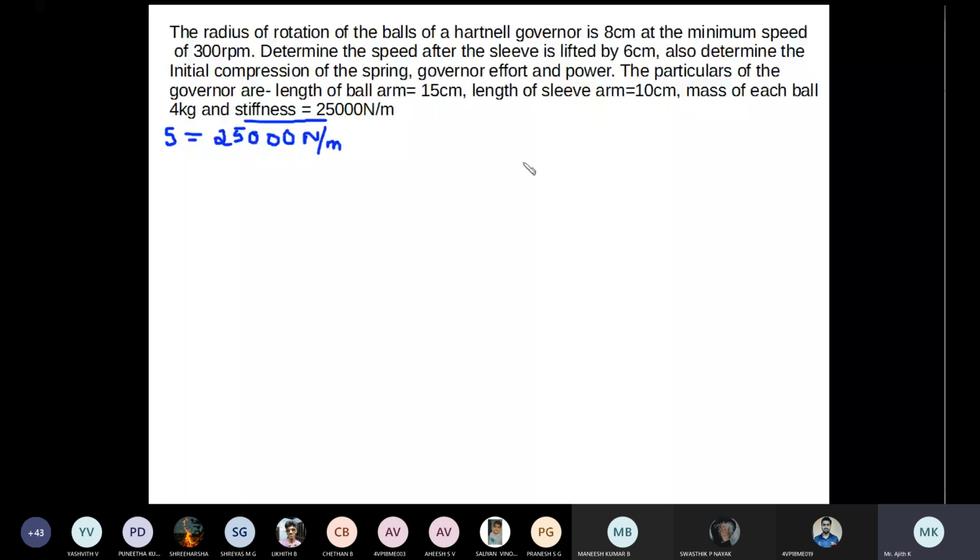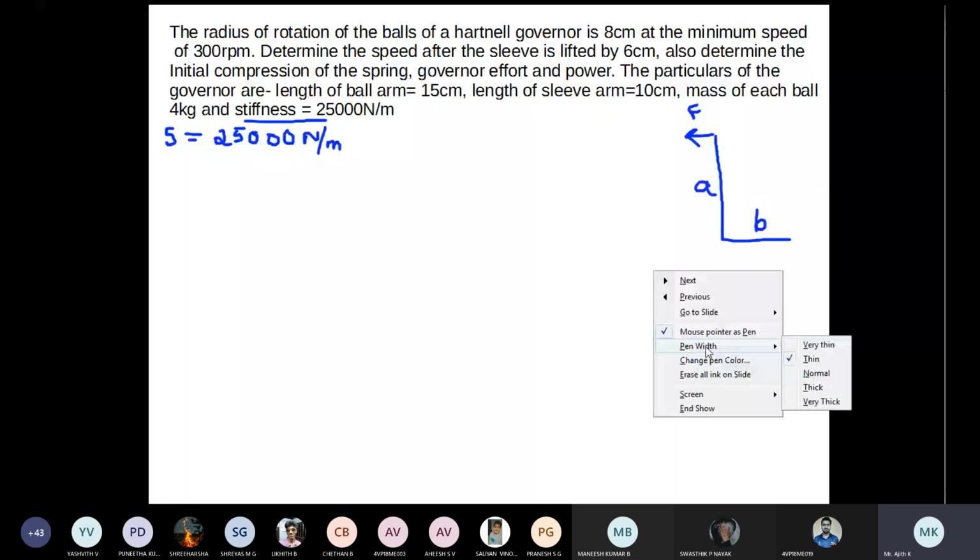First, in all such problems under Hartnell governor, draw a rough diagram. A, B, here force F, this will be the initial position.